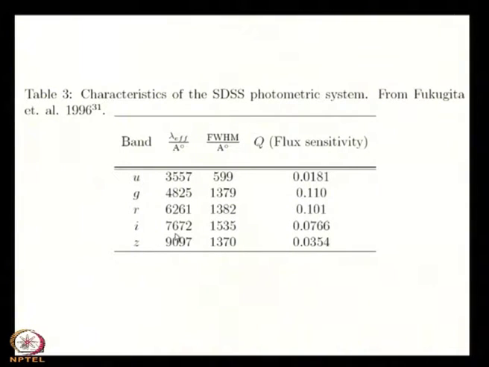So, there are a variety of possible band systems, and it is very important when you interpret astronomical observations that you know the band in which the observation was made, otherwise it is meaningless. So, if somebody does photometry and tells you the flux or tells you the apparent magnitude, then you should know the photometric band system in which the observations were done. This is the first thing.